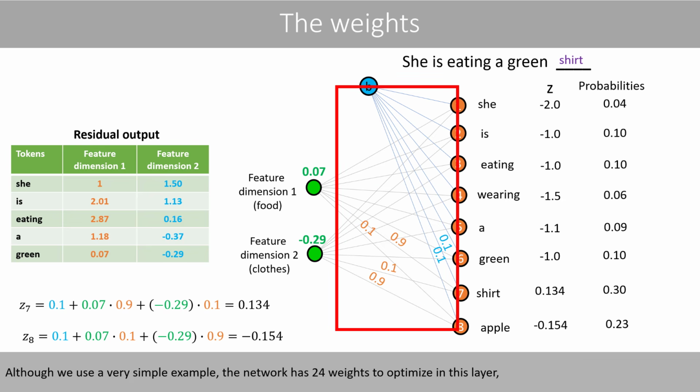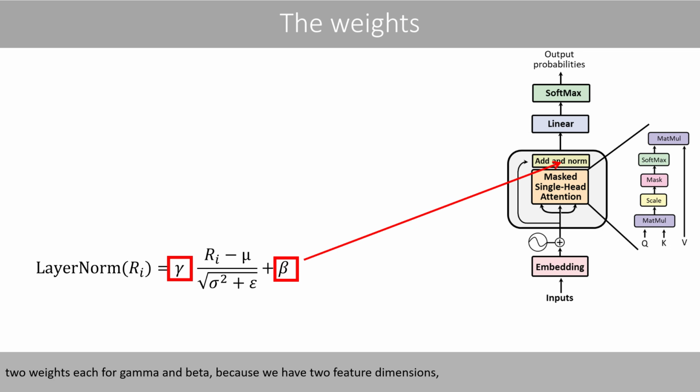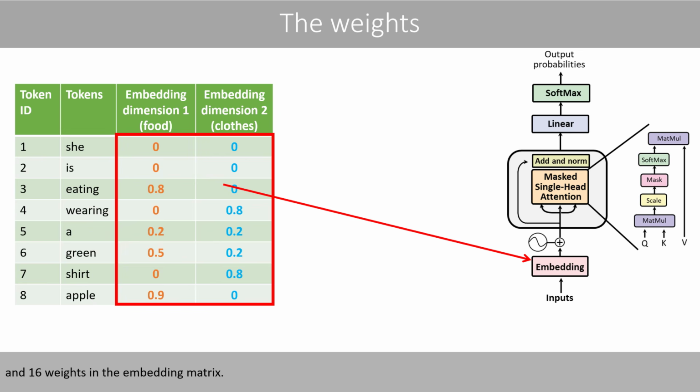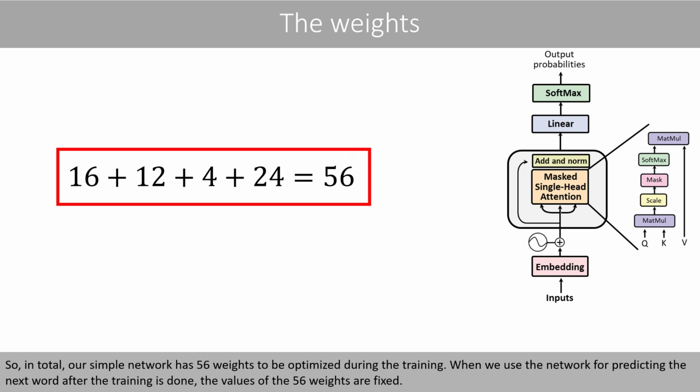Although we use a very simple example, the network has 24 weights to optimize in this layer. 2 weights each for gamma and beta because we have 2 feature dimensions. 12 weights to produce the Q, V, and K matrices, and 16 weights in the embedding matrix. So, in total, our simple network has 56 weights to be optimized during the training.